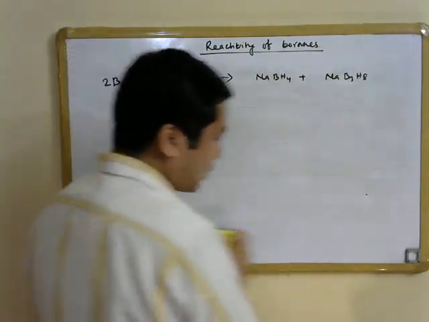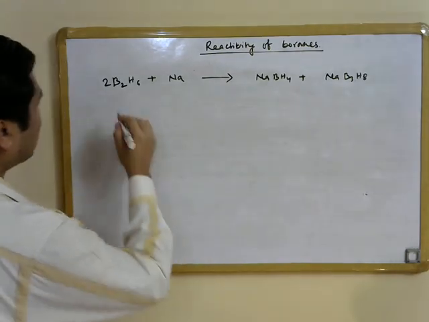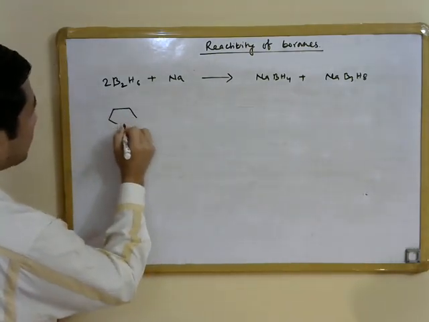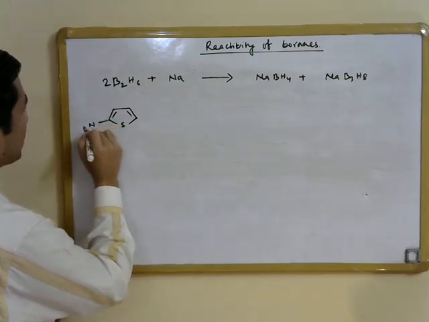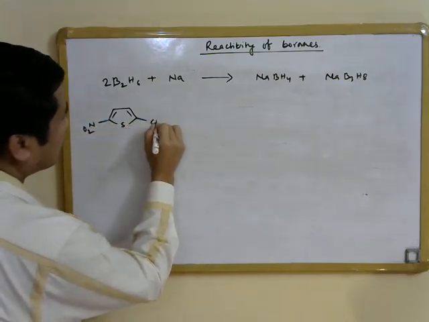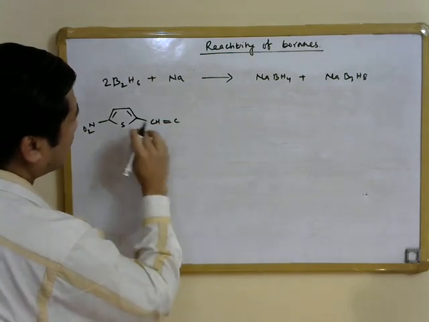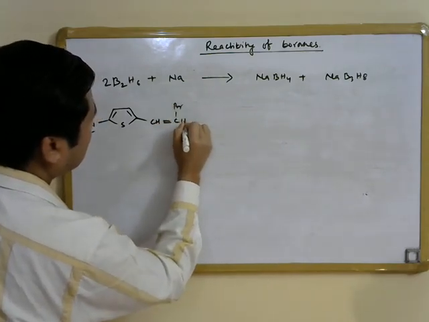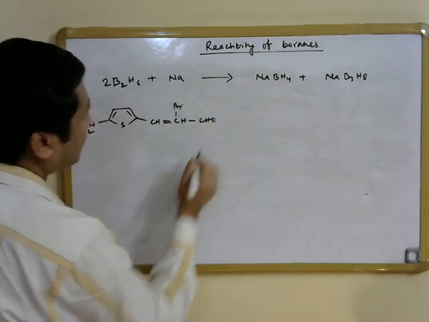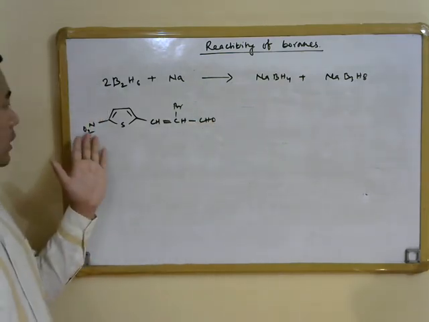One example where we see such chemoselectivity is when we take this sort of substrate which contains several functionalities. A nitro functionality is there.